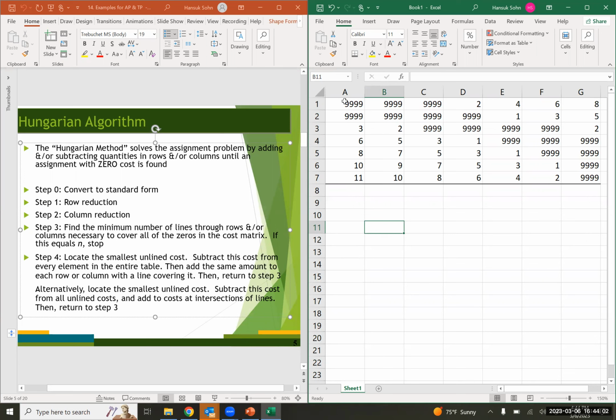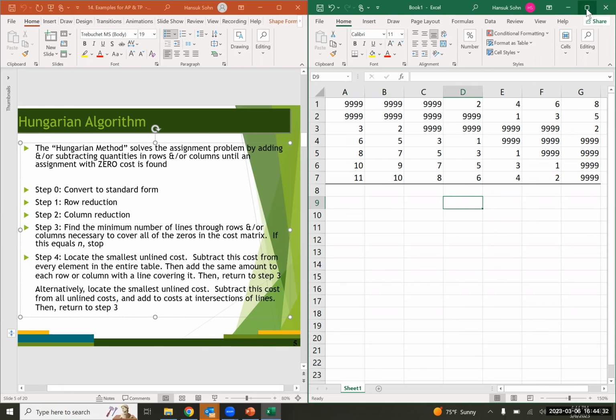So we just count the total number of rows. In our case it is 7, equal to the total number of columns, as we also have 7 columns. So our step number 0 has already been taken care of, and we don't need to do anything for that. So we are safe to move forward to step number 1, which is row reduction.